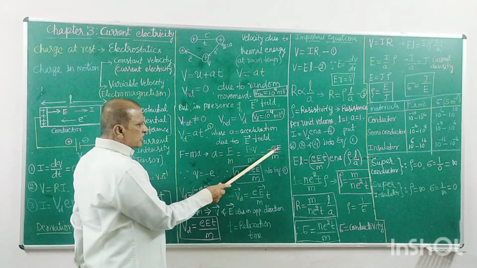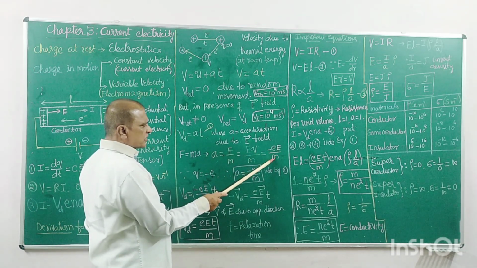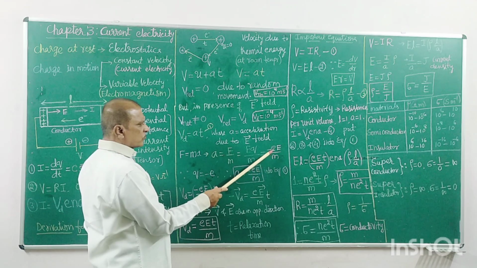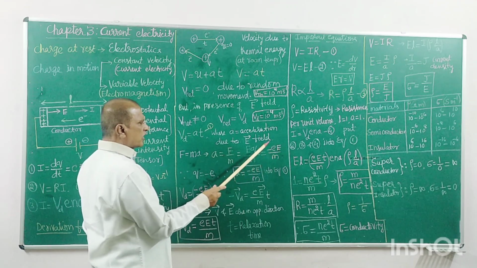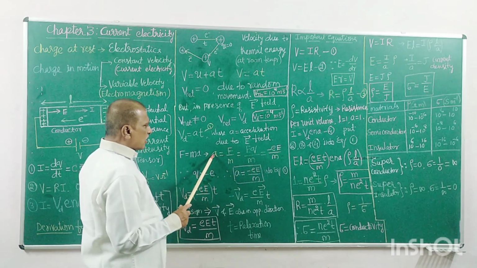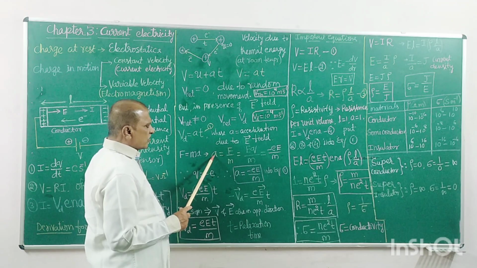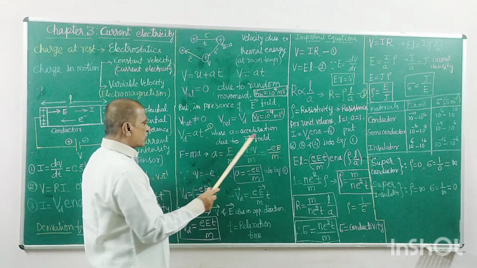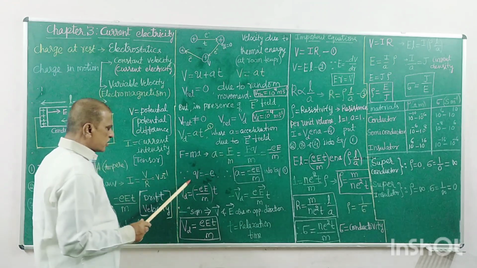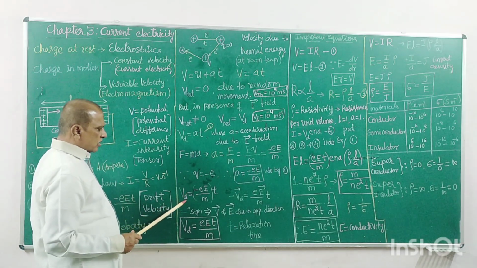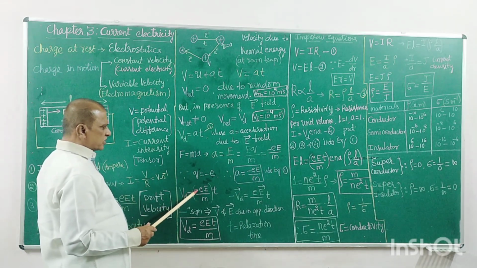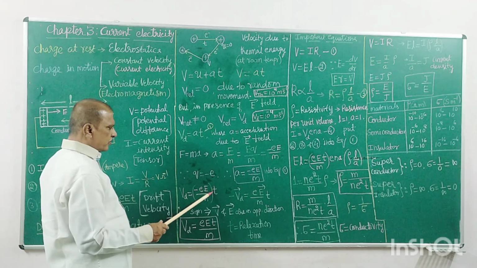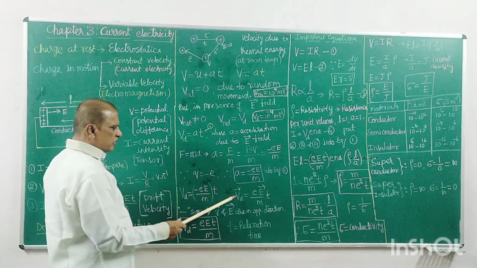So a is minus eE divided by m, where m is the mass of the electron, e the electron charge, and E the electric field applied. Now we see that the acceleration of the electron due to the electric field is this. Substitute into this, and we get the drift velocity: v_d is equal to minus eE divided by m into t. Rewrite this as this.